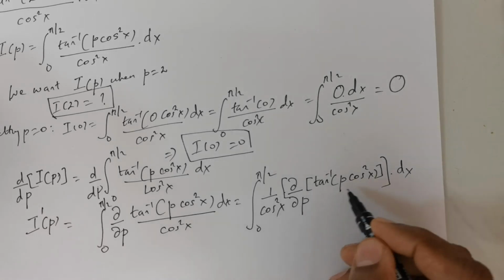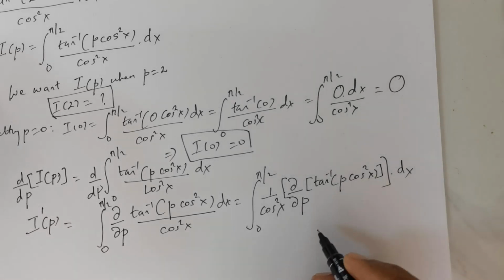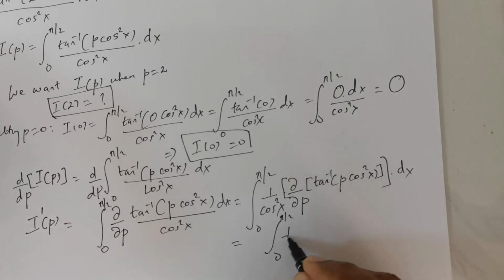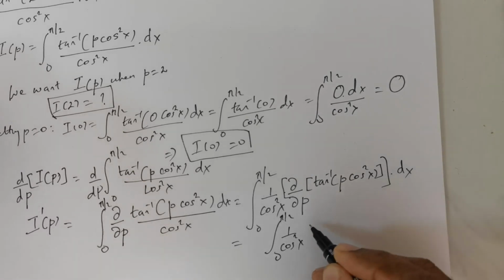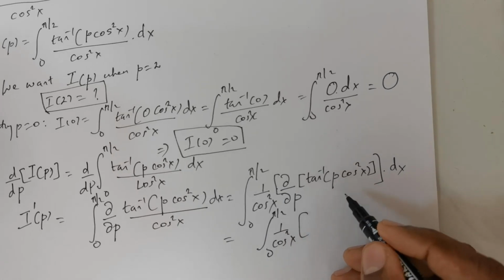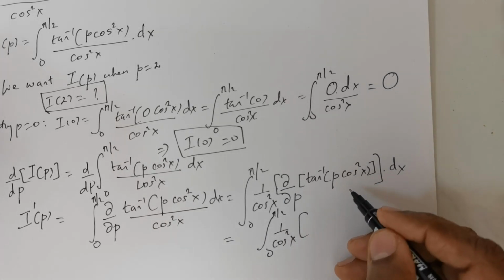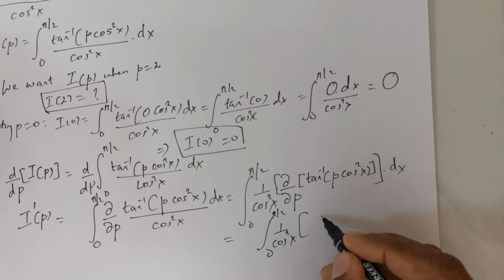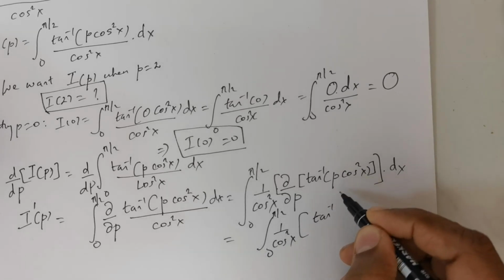Now we have to partially differentiate this quantity with reference to p. So this is equal to the integral from 0 to pi over 2 of 1 over cos squared x. When you differentiate this, p is the main variable, right? So what are you going to get? You're going to get the differential of this.